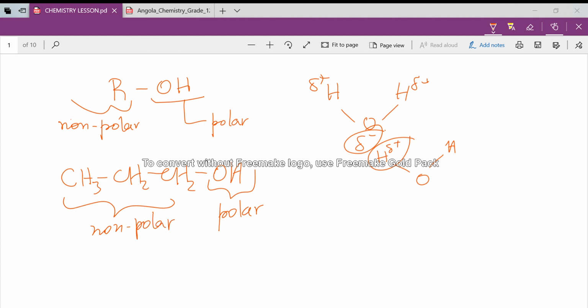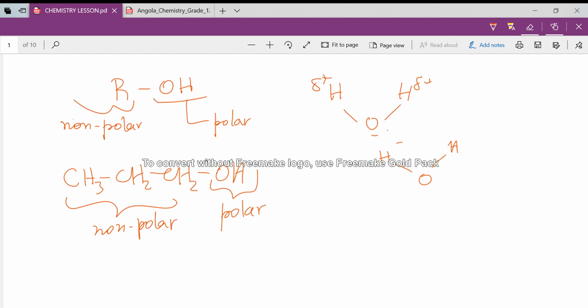Alright, now we can see that if we have, for example, the OH, which is polar, it makes the molecule more soluble in water. Now, it means that if we have many OH groups, the alcohol will be more soluble in water.